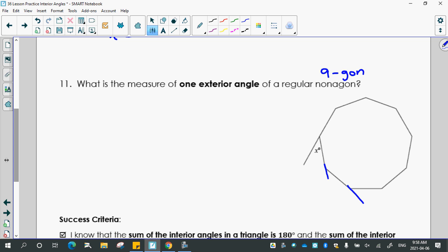So all these outer angles. Oops, that one doesn't look right. If you extend each side, you're making an exterior angle. So all those angles, if this is a regular polygon, then not only are all the interior angles the same, all the exterior angles are the same as well.